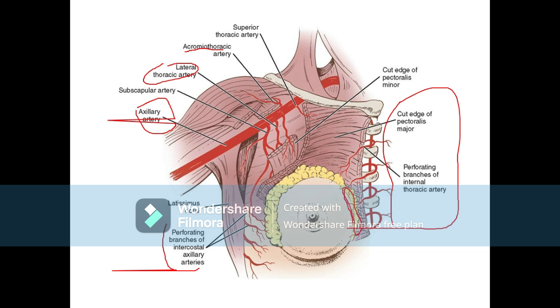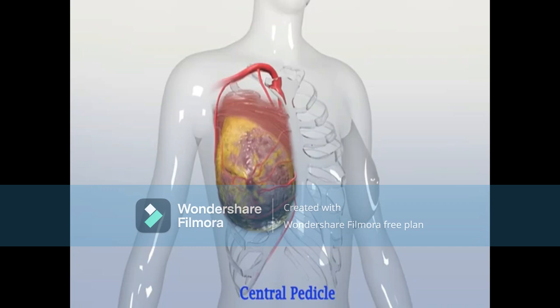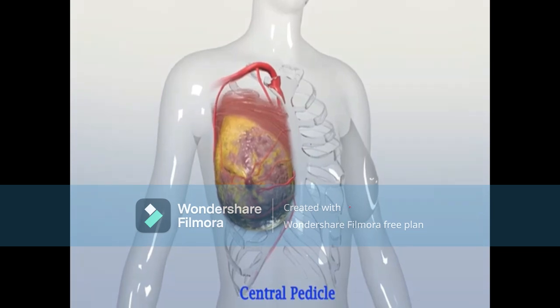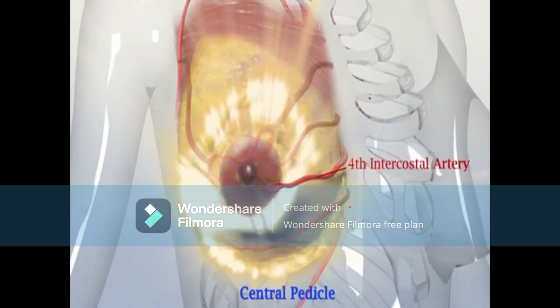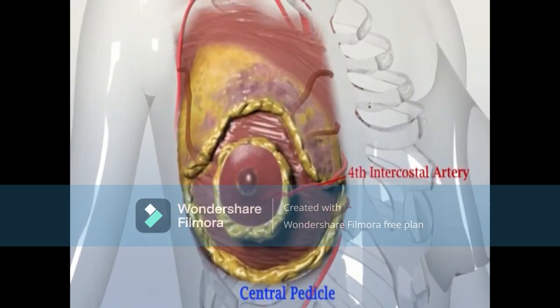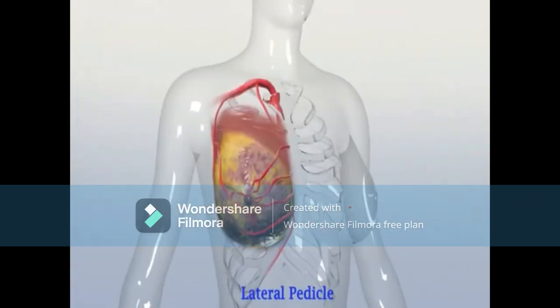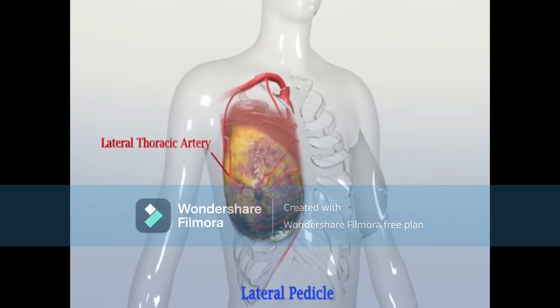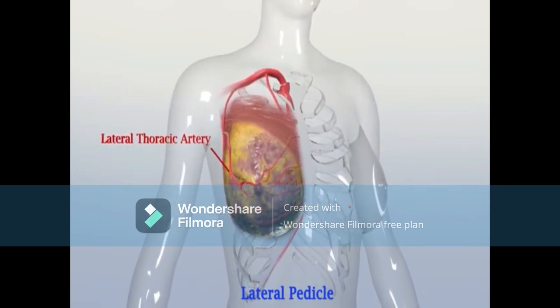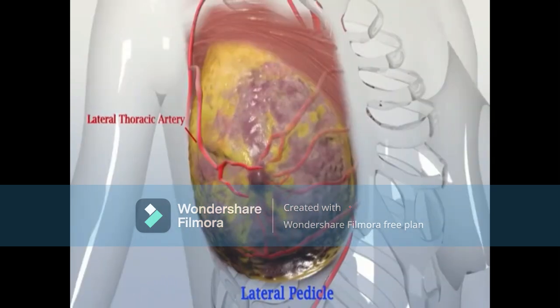Since these arteries are deep down in the thorax, there are branches that perforate out from the muscle and supply the breast, because the breast is attached superficially on top of the chest muscles, the pectoralis muscles. So these arteries have to perforate and come and supply the breast. So that is the main blood supply of the breast.